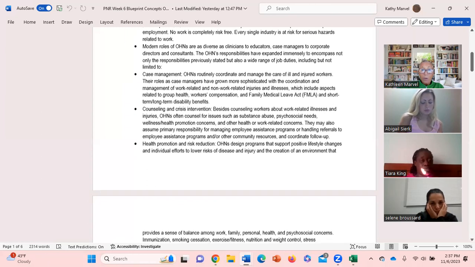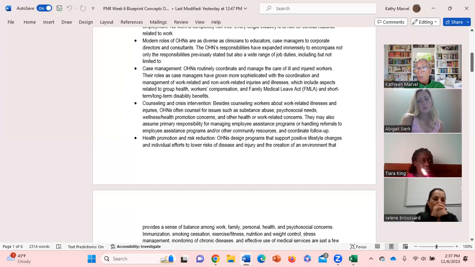The other job of an occupational health nurse is not so much injuries on the job, but keeping people healthy. Think of how many people come to work with mental health issues. Think of how many people come to work with substance abuse issues. They have to be in tune to that. There was a question, I believe, on your last exam that's related to not reporting.